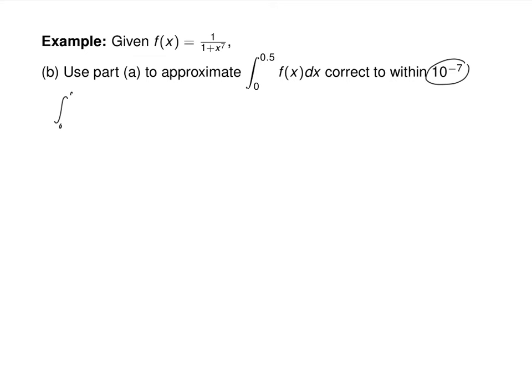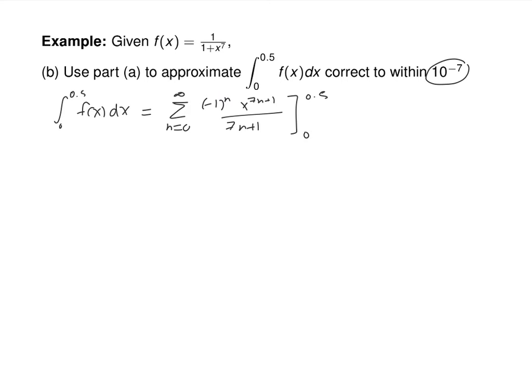So the integral from 0 to 0.5. So first thing is the plus c is not needed. So this will equal the sum from n equals 0 to infinity of negative 1 to the n x to the 7n plus 1 over 7n plus 1 evaluated from 0 to 0.5. Well, plugging in 0 will just give us a whole bunch of zeros.